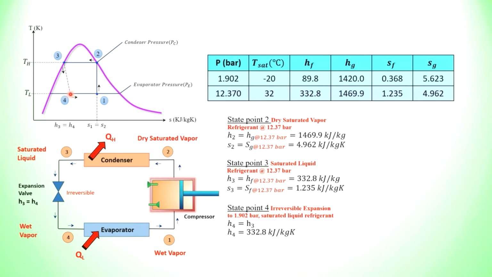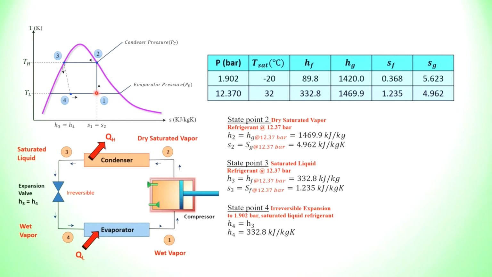That is where your point 4 is sitting, at the evaporator pressure of 1.902 bar, and it is a saturated liquid vapor mixture, not saturated liquid, refrigerant. So H4 equals H3, so it equals this 332.8.